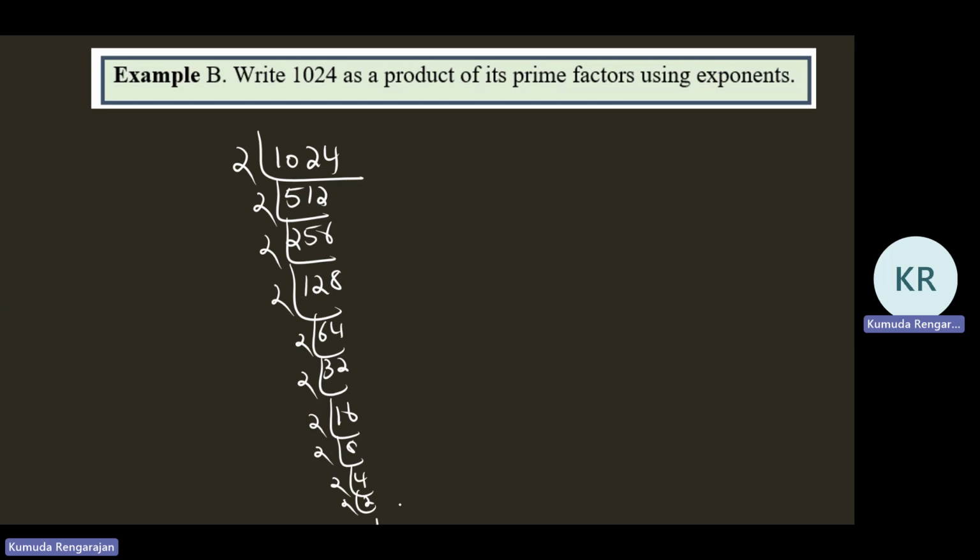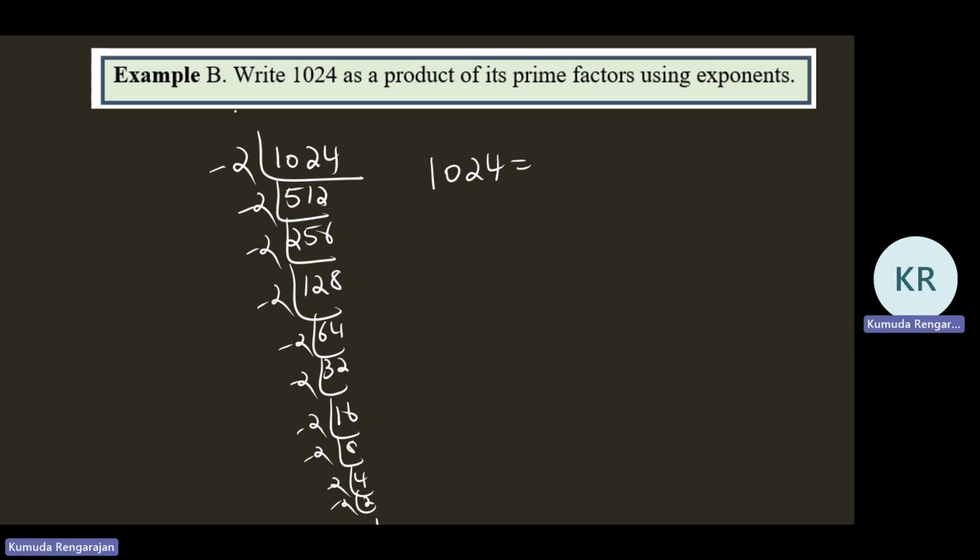We all know this. So how many times? 1, 2, 3, 4, 5, 6, 7, 8, 9, 10 times. 2 multiplied with itself 10 times. When 2 is multiplied with itself 10 times, we get 1024.